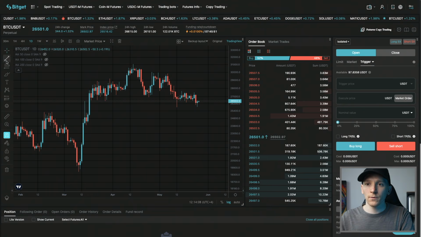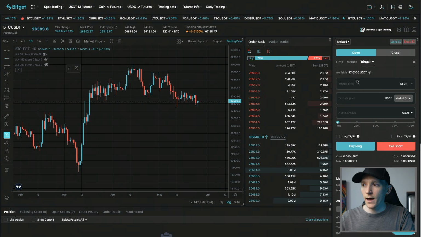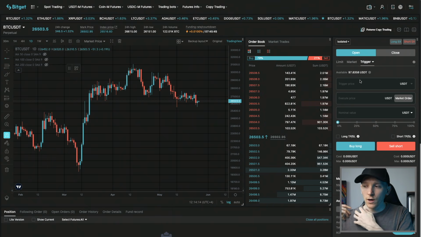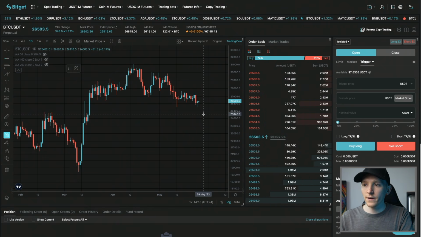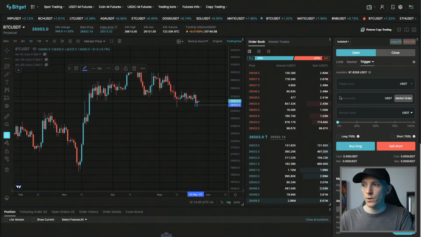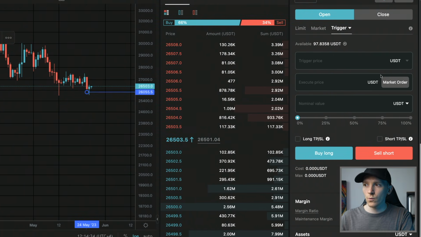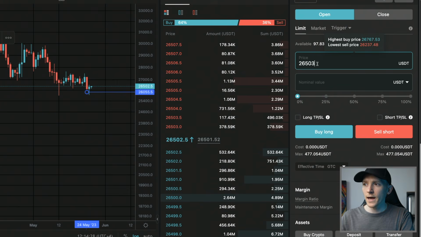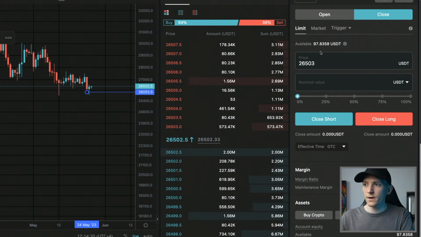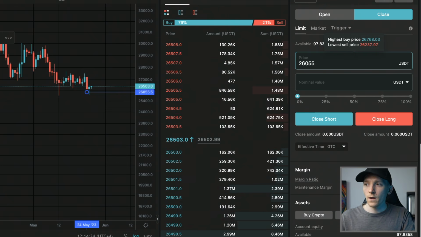So as an example right here, let's go and draw a horizontal ray. And we're going to put a limit order. So we have a long position in, and we're going to sell at around this price, which is 26,055. So what we could do here is, if we put a limit order in, let's say we're long, and we want to close, and we're going to close that at 26,055.